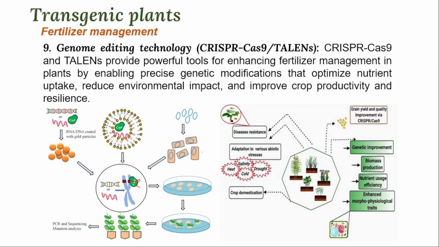We can precisely edit the plant for stress or nutritional uptake by editing a gene with CRISPR-Cas9, TALEN, or zinc finger technology, which can manipulate the plant genome to effectively cope with stress, take up nutrients, reduce environmental impact, and improve crop productivity. Like that, we can introduce many strategies using genome editing technology in fertilizer management in transgenic plants.